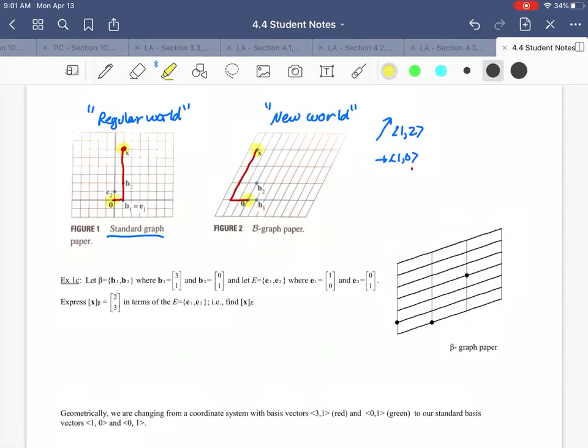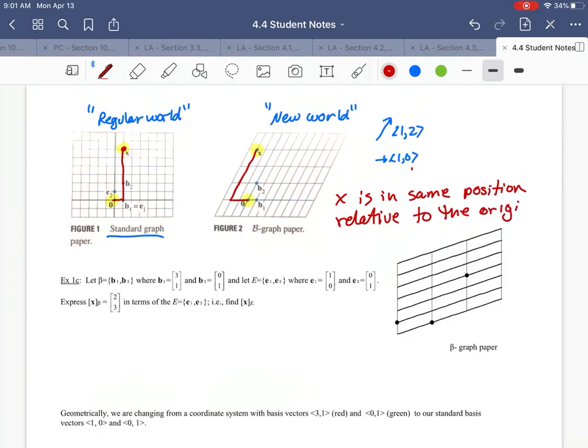So x is in the same position relative to the origin. It's just telling somebody how to get there in the new world versus in the old world. So you're really going to see this in 1C.